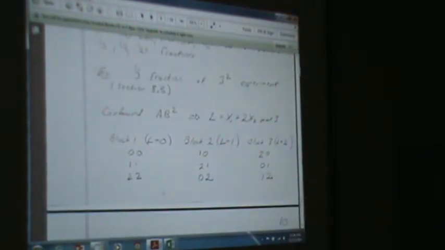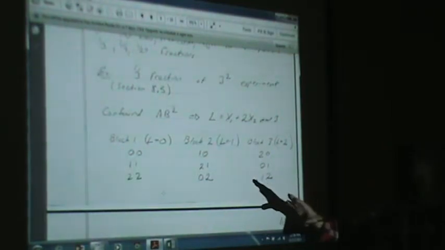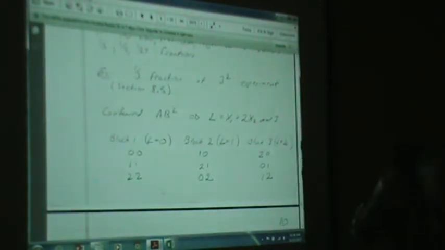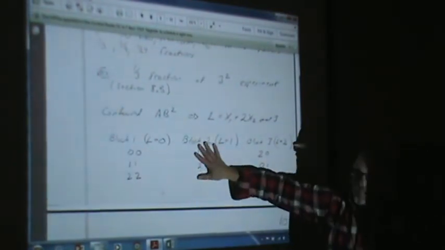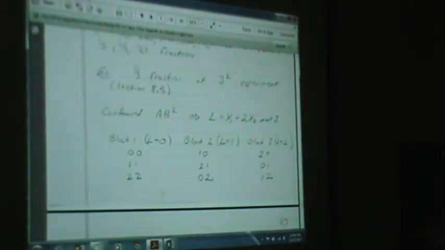Before this, we used all 3 blocks last chapter. What they're saying is, if you try to do a 3^2 experiment with 2 factors, set the blocks up like this, and just pick 1 block, it's a disaster. You look at your alias structure, and you've aliased a main effect with a main effect, and that's really terrible.